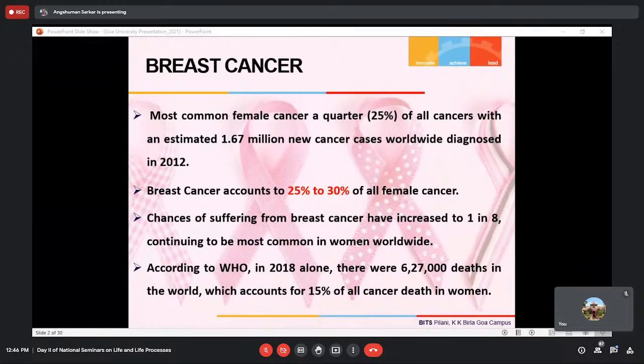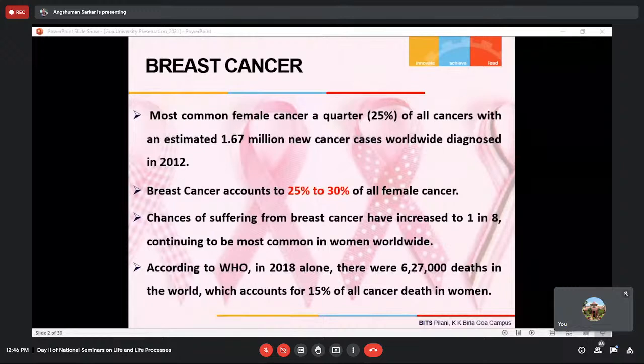Out of these, we have chosen breast cancer, which is the most common female cancer. Almost 25% of cancers in females are breast cancer, and it has increased to 1 in 8 cases very recently worldwide.